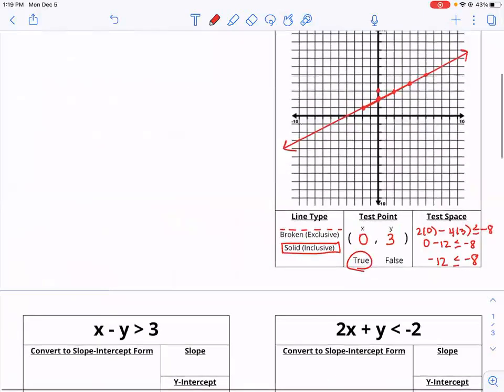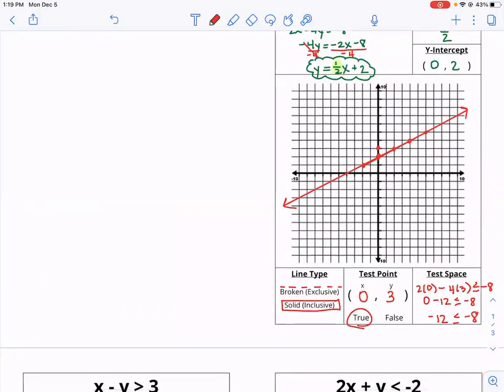Okay, so why does that matter? Which side is true, which side is not true? So this coordinate right here is true, which means all of these coordinates are true without us even having to test them.